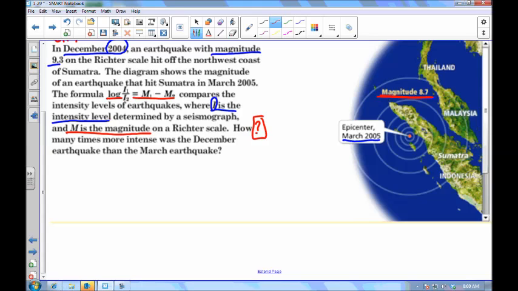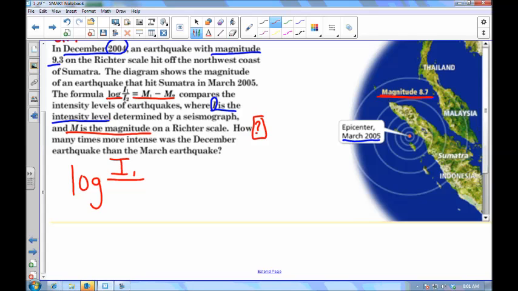Okay, so let's fill in the formula. Log is log. Do we know intensity of the first earthquake? No, we don't, do we? Do we know the intensity of the second earthquake for I2? What's the intensity of the second earthquake then?